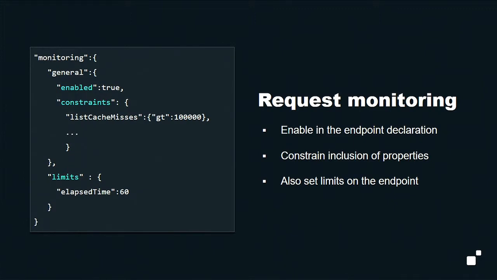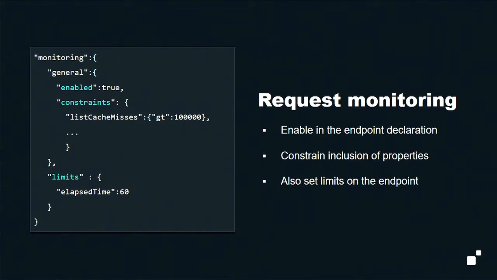She can set constraints to control what information is included in the file. In her case, she's interested only in the request time, the amount of time the actual request takes. So the list cache misses are not important to her. She sets the threshold very high, so that metric won't appear.